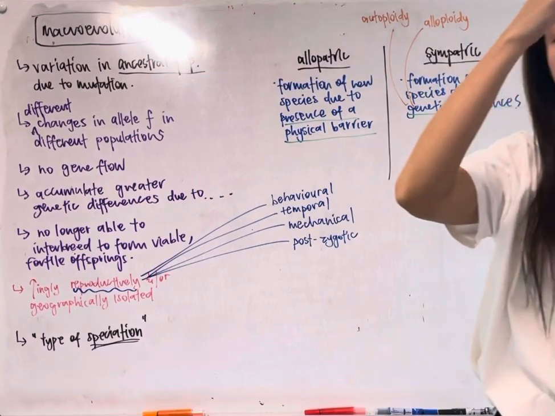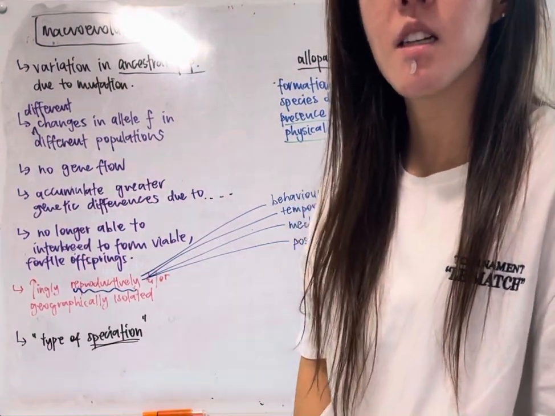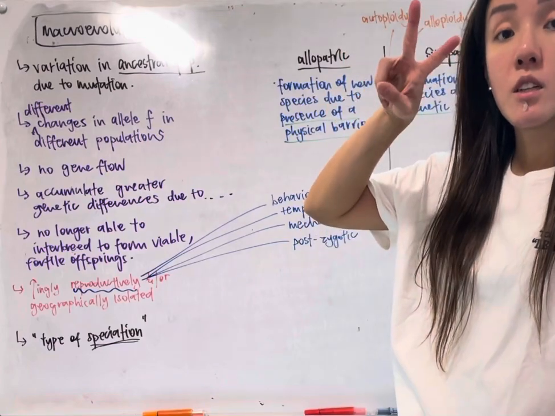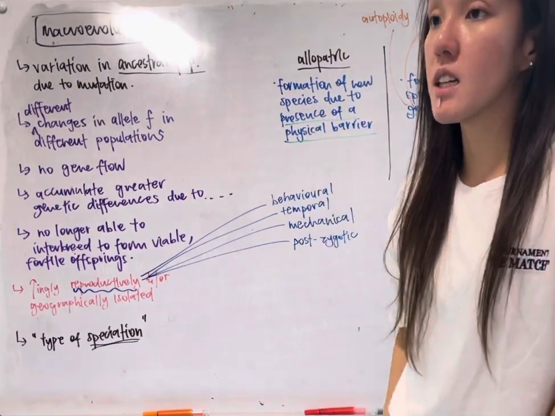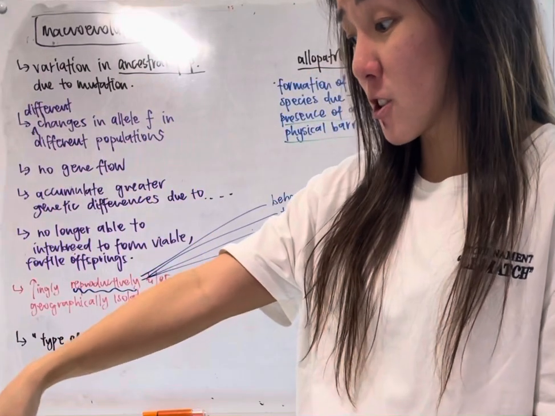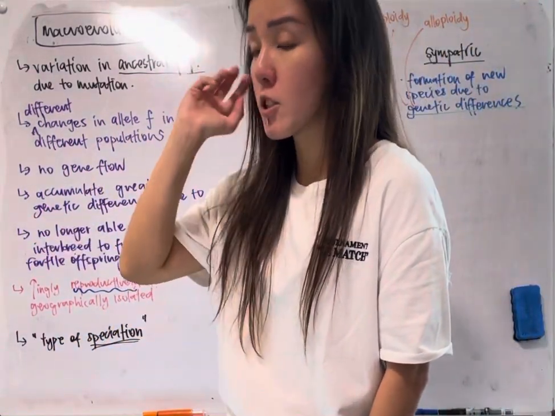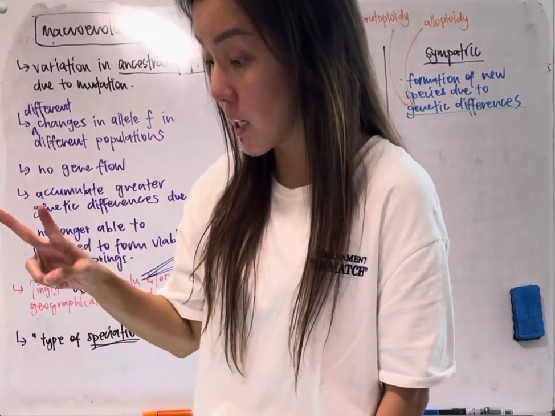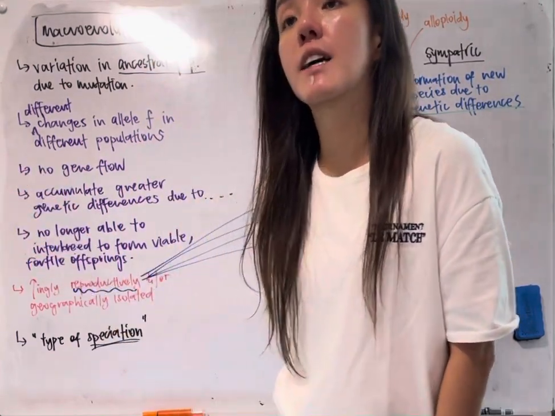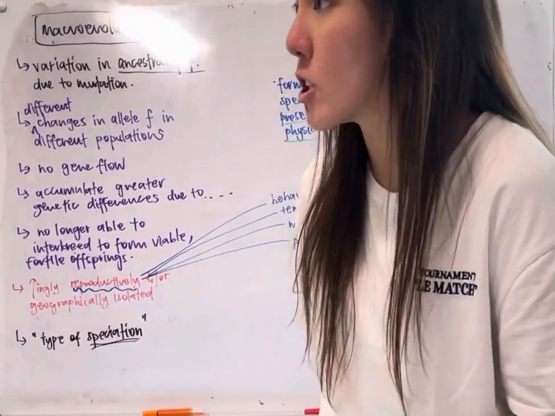The next one, what do you see? Alloploidy is what? Xianfei? It is between two different species. Examples can be two different species with different diploid numbers. When they fuse, they form a new zygote with a diploid number that differs from both parent species.